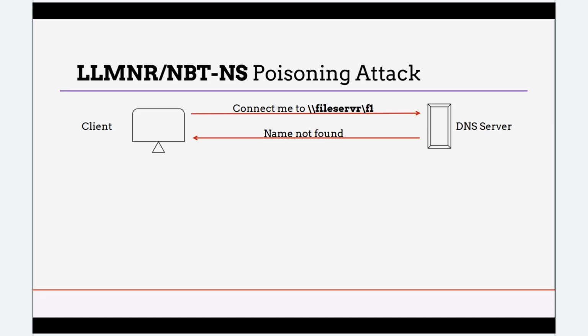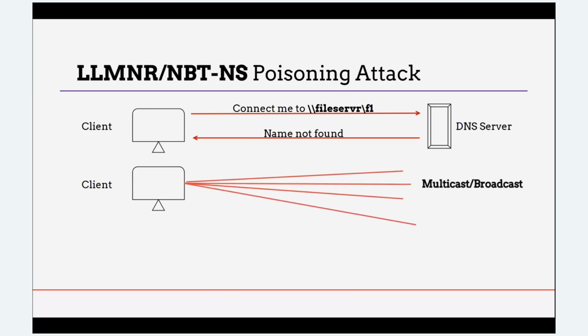Now the fallback mechanism is triggered, and the client will broadcast the request to all the devices available in the network. It will ask everyone, does anyone have a FILESERVR? Anyone knows the IP address of this?